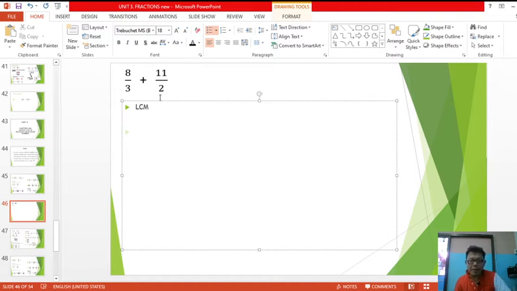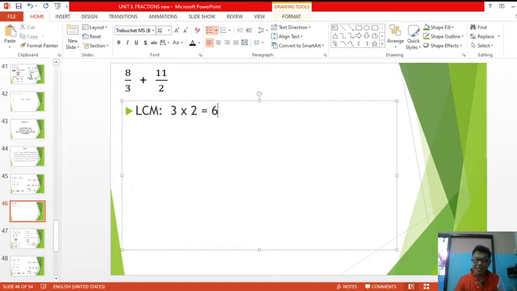Since both denominators are already prime numbers, you simply multiply them, 3 times 2. No need for the division shortcut, there's nothing else you can do. So our LCM is 6.